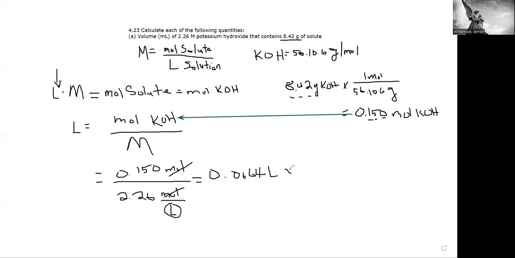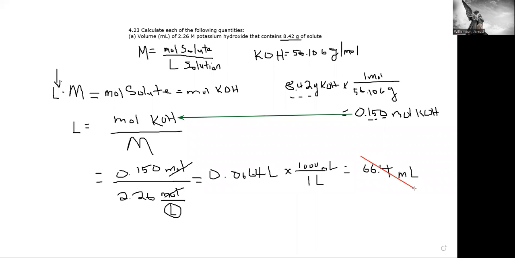So remember that 1 liter is 1,000 milliliters. And so this gives me 66.4 milliliters.